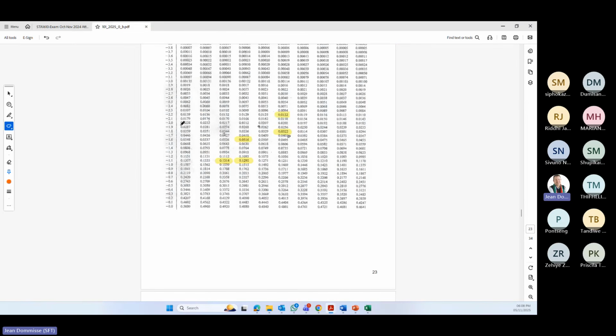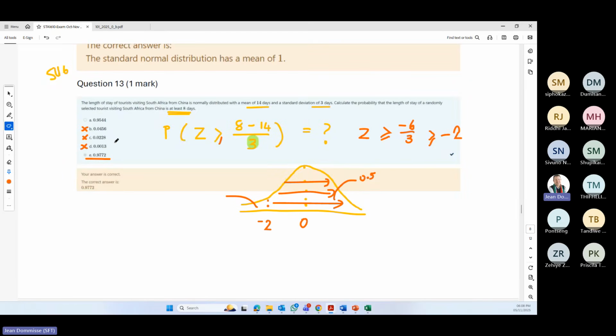Negative 2, 0,0228. So 0,0228 was there, but that is for the smaller area. So if you want to get a bigger one, it's 1 minus 0,0228.